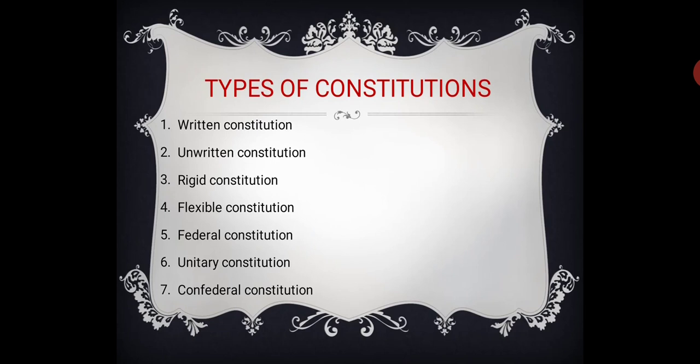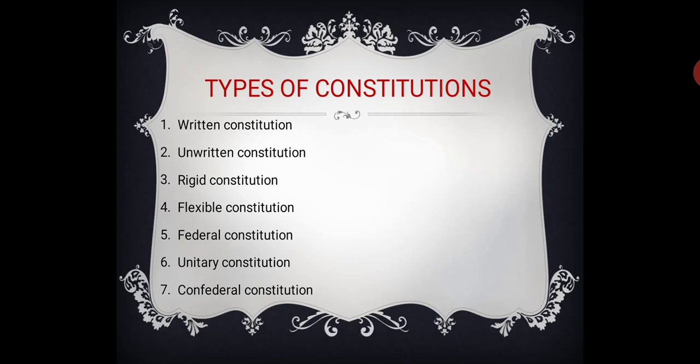Now let's look at the merits, as in advantages, of a written constitution. Number one, easy consultation. It is easy to be consulted since it is contained in a single document.